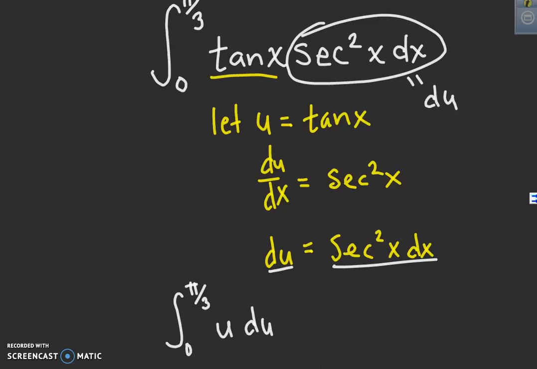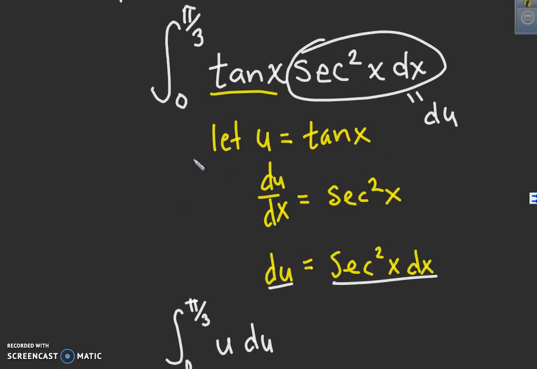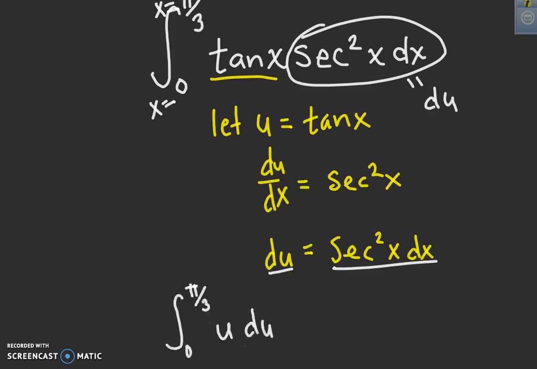Now when we're integrating definite integrals and doing the u-substitution, we always have this problem. We started with x values for the limits, so if the original problem was in terms of x, tangent x secant squared x, the limits are x values. So that's x equals 0 and x equals pi over 3.